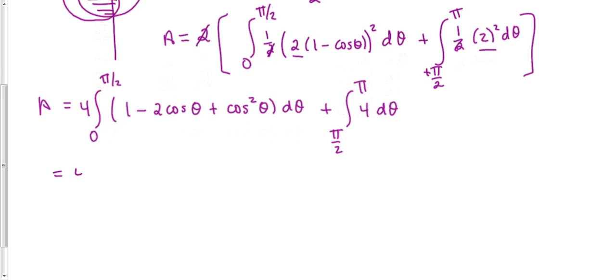So I'm going to have a 4 out here times, when I integrate 1 d theta, I'm going to get theta. When I integrate cosine theta, I'm going to get sine theta.